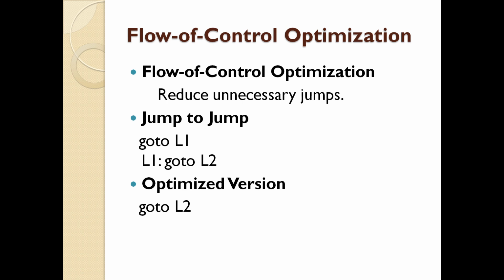Here the program first jumps to L1. Immediately after reaching L1, it again jumps to L2. The first jump is unnecessary because the final destination is already known. So instead of two jumps, the compiler directly transfers control to L2. So this reduces execution time and improves efficiency.